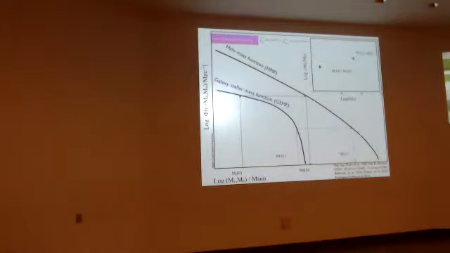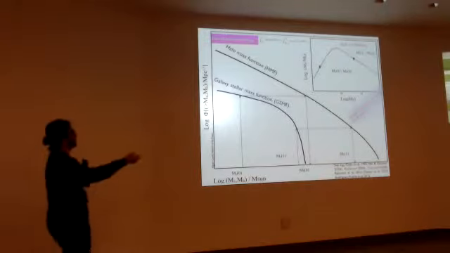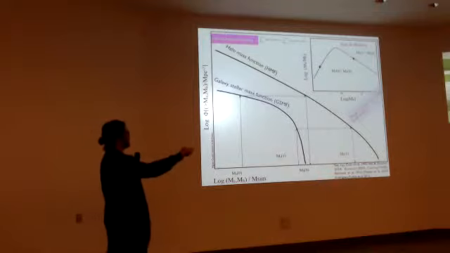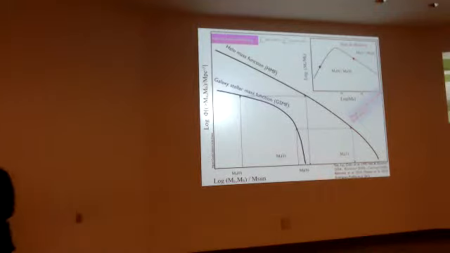Then you repeat the same process for all the halo masses, and you have this particular relation where for low mass halos this ratio is low, then it peaks around the Milky Way size, and then it decreases with halo mass.